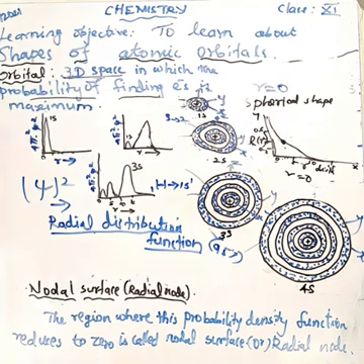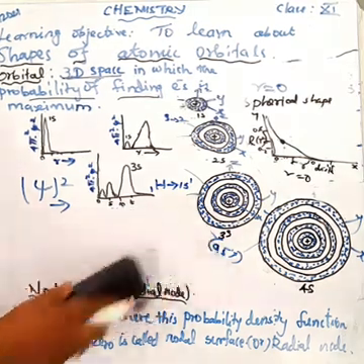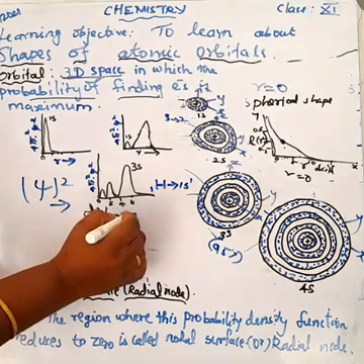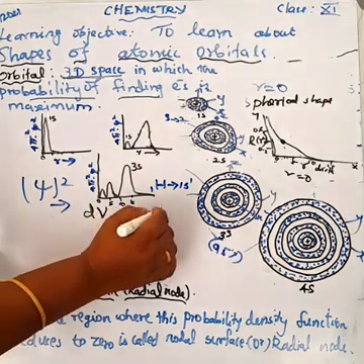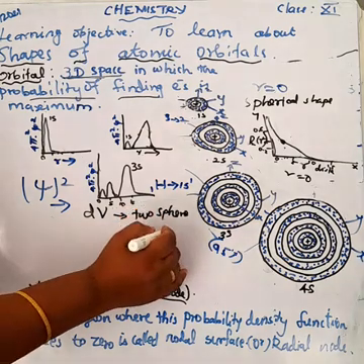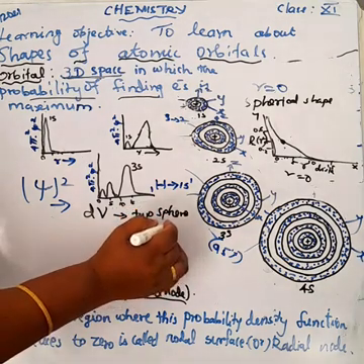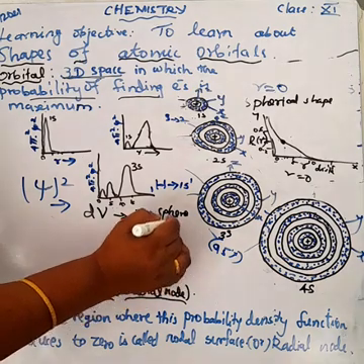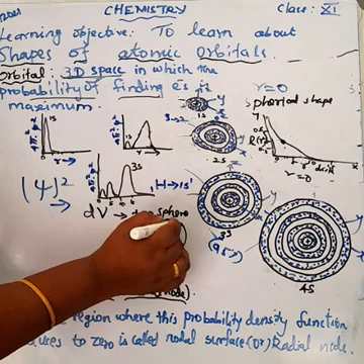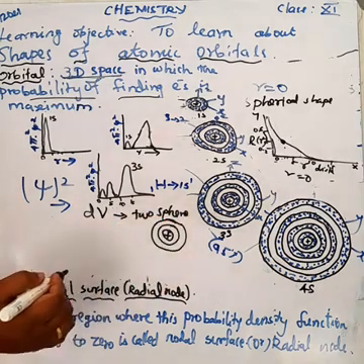Then let us consider the volume dV bounded by two spheres of radii r and r plus dr. One is the first s orbital and the next is another s orbital.